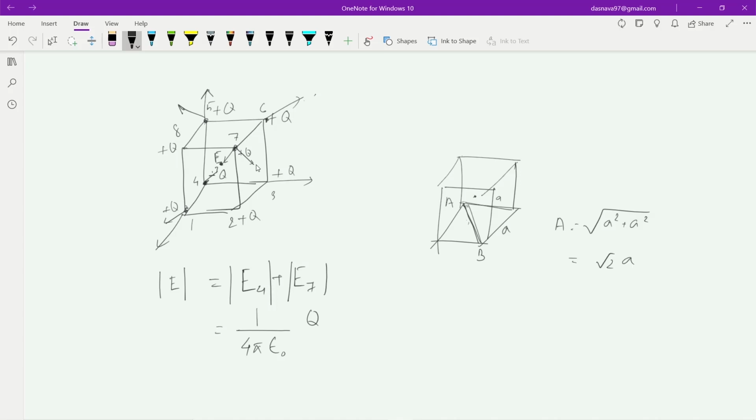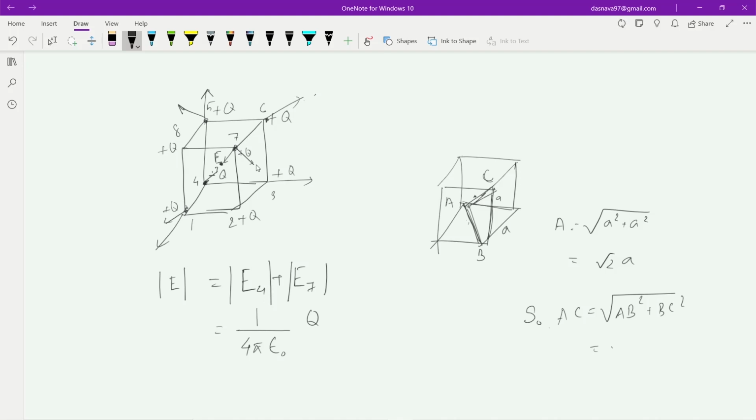Next, this AC: AC equals root over AB square plus BC square.